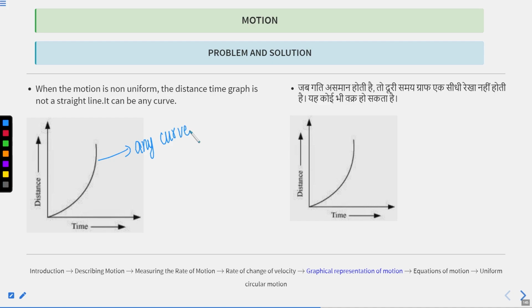So, what is the nature for uniform motion? We get a straight line.